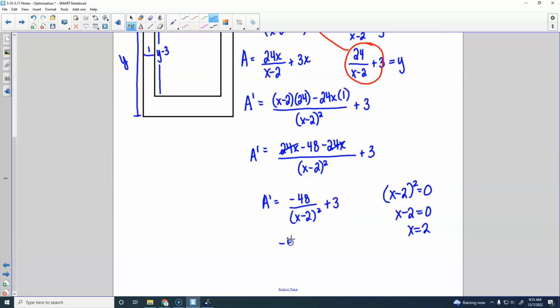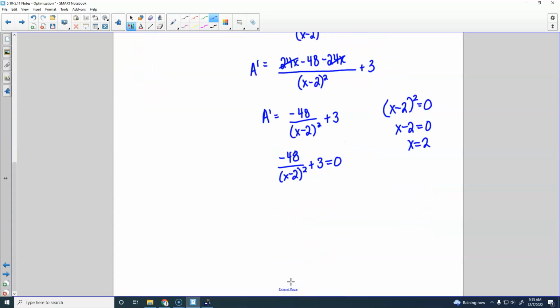Then you could take negative 48 over (x minus 2) squared, plus 3, and set that equal to 0. And you can move the 3 over. Negative 3. Multiply both sides by (x minus 2) squared, put this over 1, cross multiply, however you want to think about it.